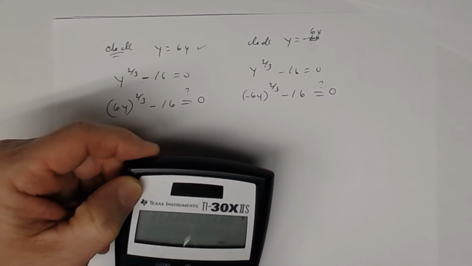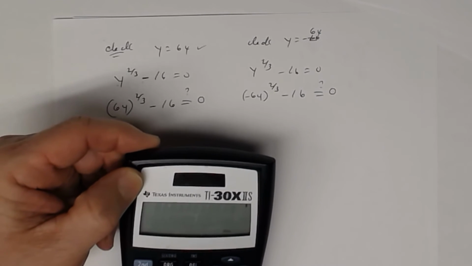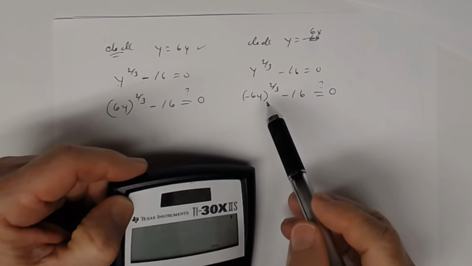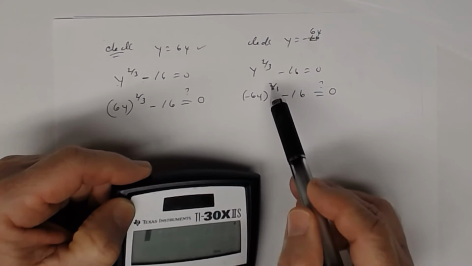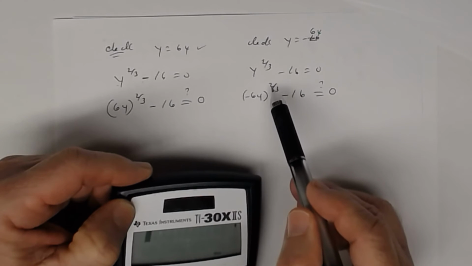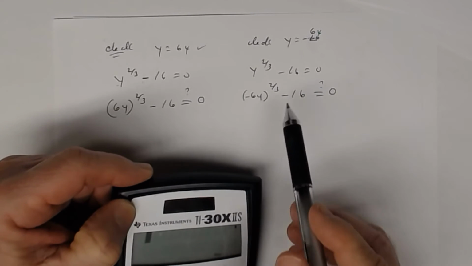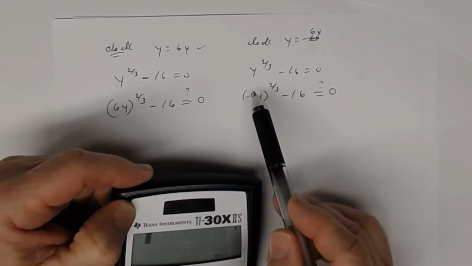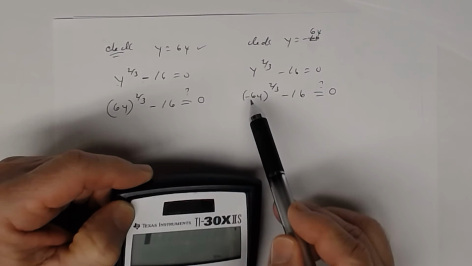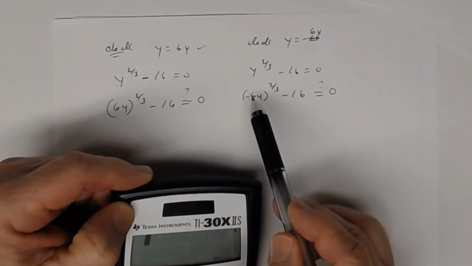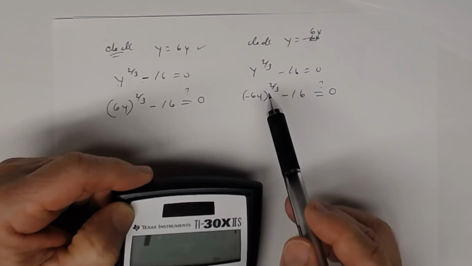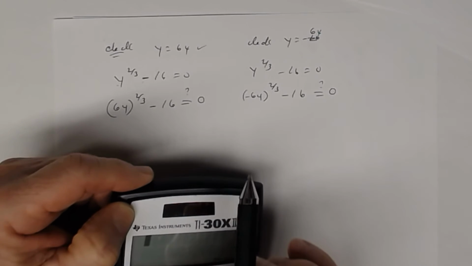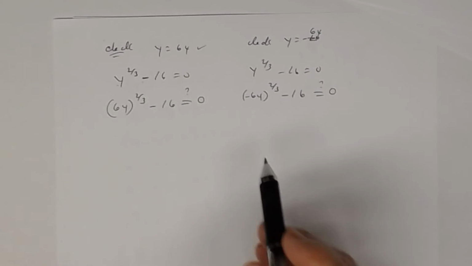So, for example, if you have a number raised to a fractional exponent, so this exponent is not an integer, then this number will need to be positive. If this number is negative and you're raising it to a fractional exponent, it is going to give you a domain error.